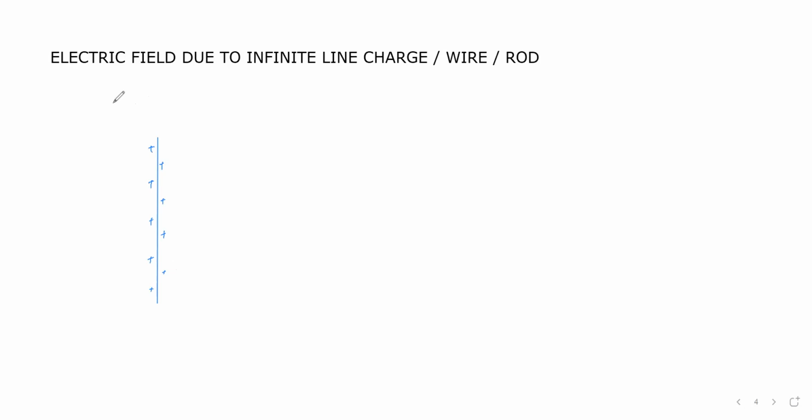Can we use the normal formula F is equal to QE, or E is equal to F over Q, to calculate the electric field for this line charge or not? Is this formula applicable or not?